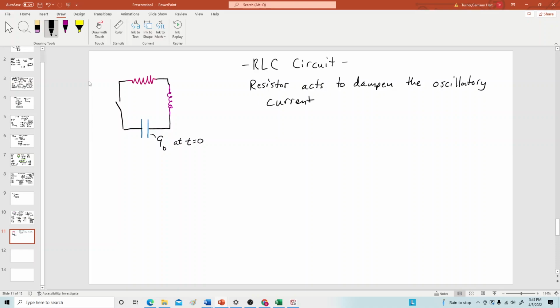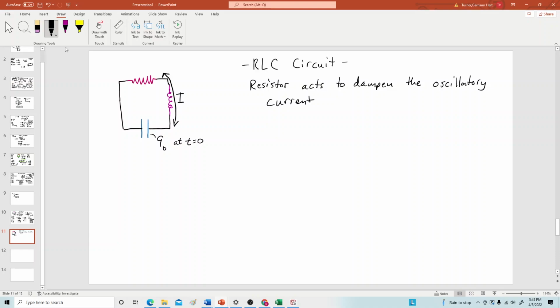So the resistor acts to dampen the oscillatory current. So I close my switch, my current will flow, and then it'll flow back. And each time the current will be smaller with each oscillation.